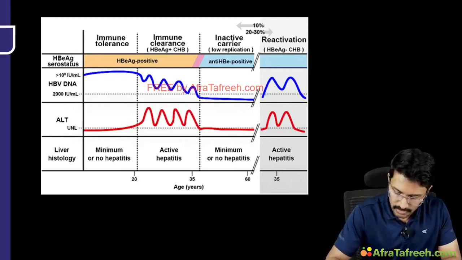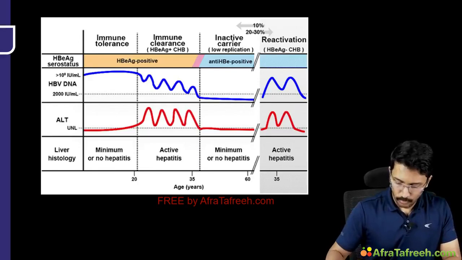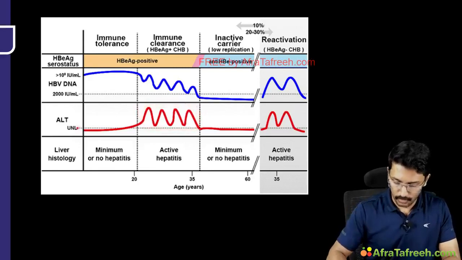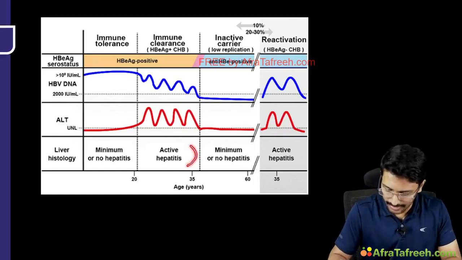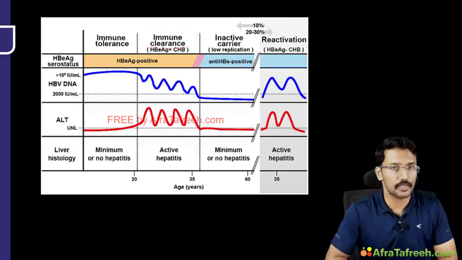And your HBeAg will be positive, but you should do a quantitative estimation that will also start coming down because the replication is coming down. But because body's immune response now starts damaging the hepatocytes, we will have ALT levels more than the upper limit of normal. This line is representing the upper limit of normal. So we can call it as chronic active hepatitis also, right? That is the immune clearance phase.